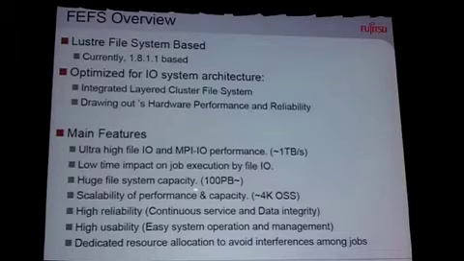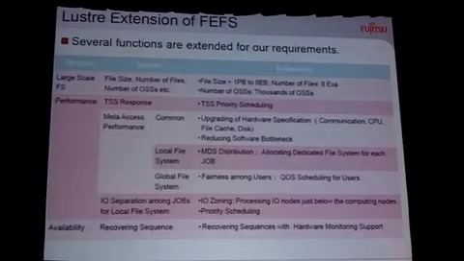Our file system's main features are selectable and ultra high file I/O and MPI-IO performance, and low time impact on the job scheduling of our file I/O. The third point is huge file capacity, and also high reliability and usability, and dedicated resource allocation to provide isolation among jobs. To realize our features, we extended the current Lustre architecture.